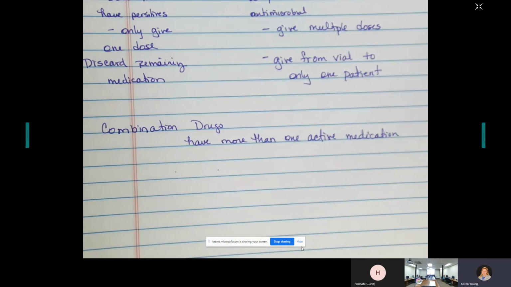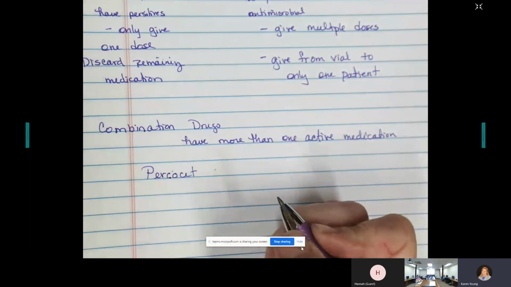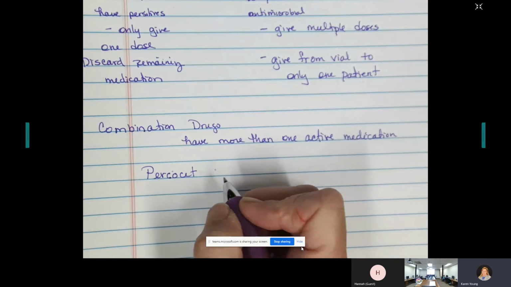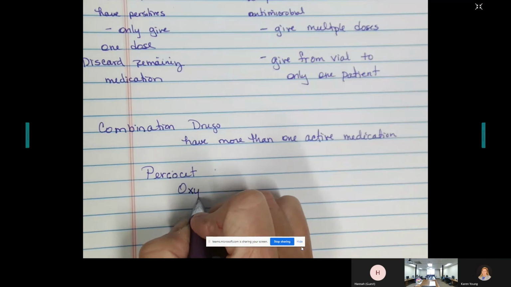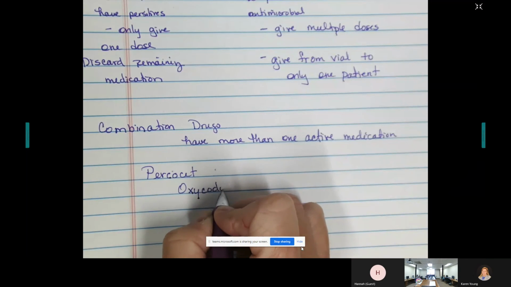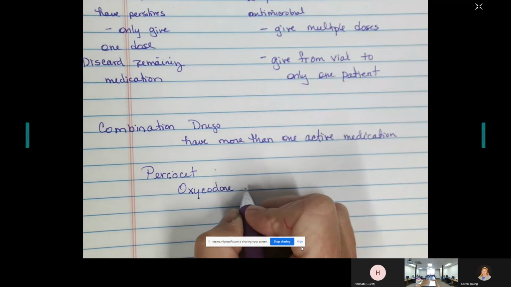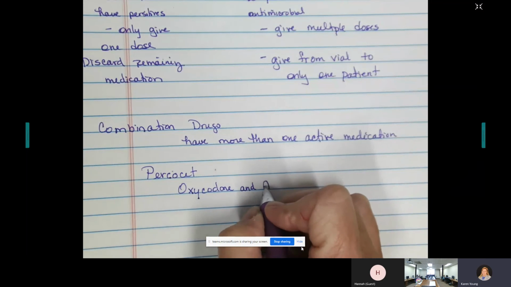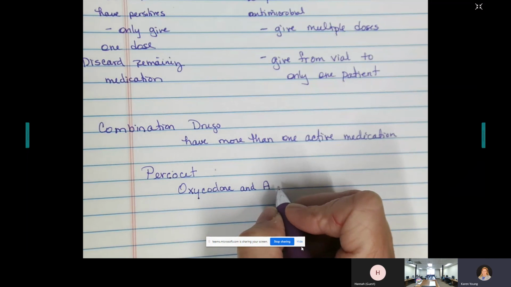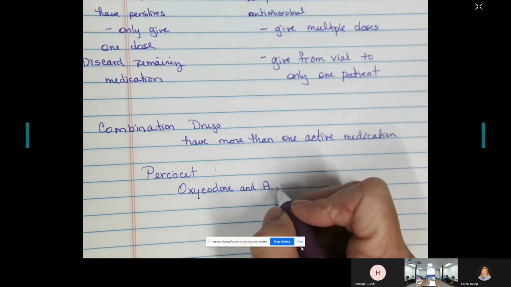Percocet is the one that I think of. It has oxycodone and Tylenol, but they give the generic, acetaminophen.